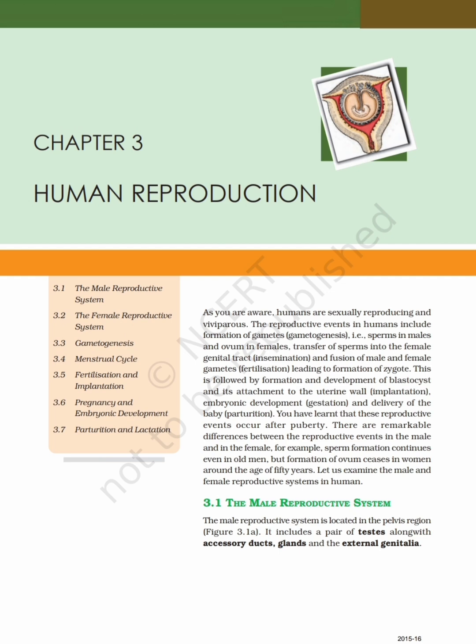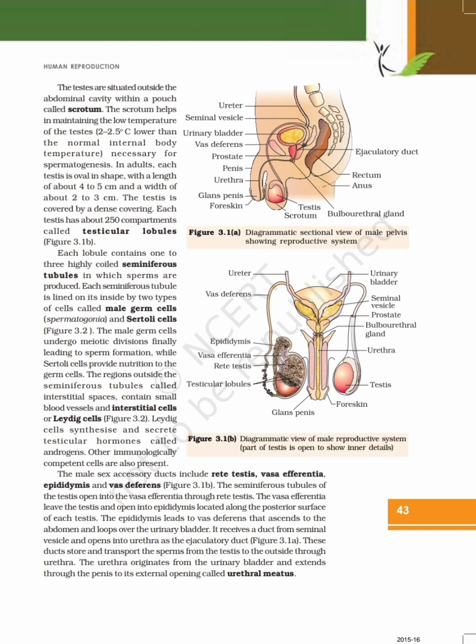So that was all there in the introductory part. Now let's move to the male reproductive system. In the male reproductive system, what are the major organs or parts we have? Those are the testes, the accessory ducts, glands, and the external genitalia.